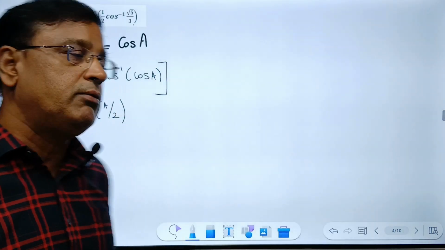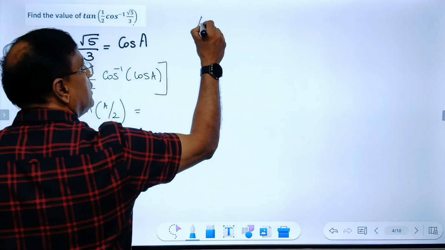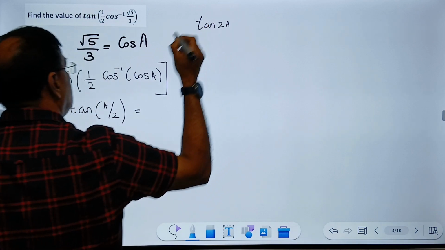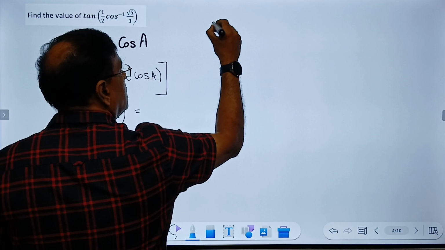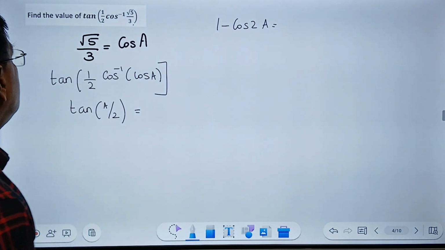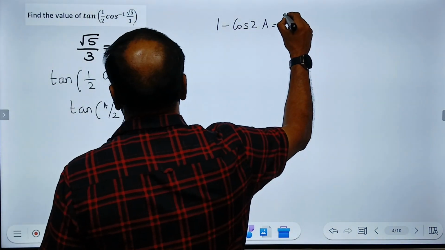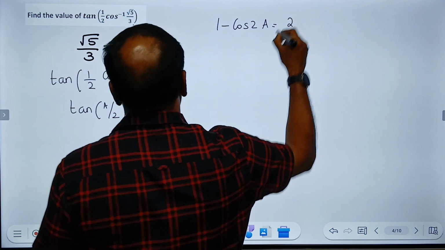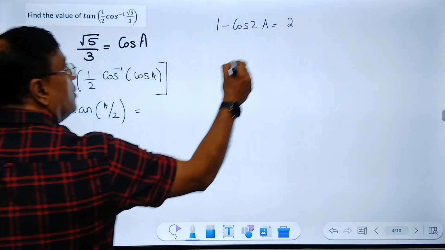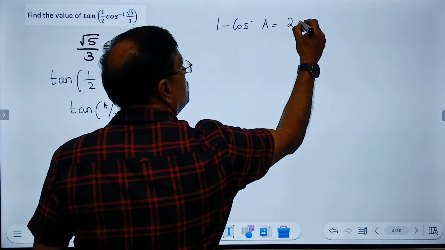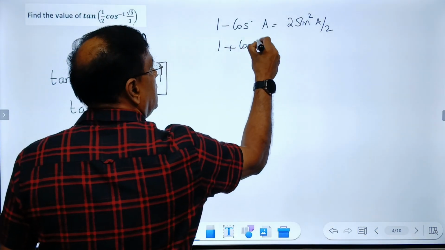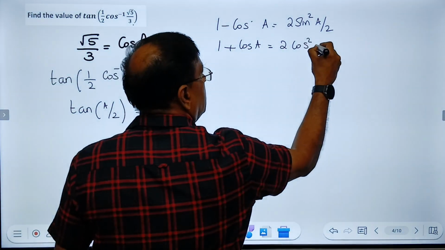Now we'll go back to last year, whatever you studied in trigonometry. You know that 1 minus cos A is 2 sine square A by 2, and 1 plus cos A equal to 2 cos square A by 2.